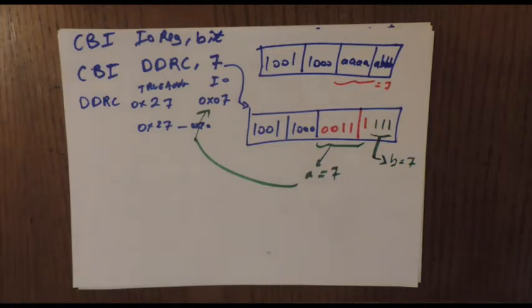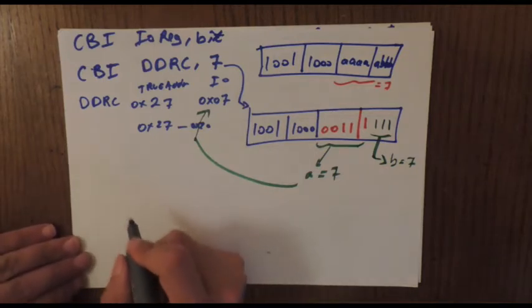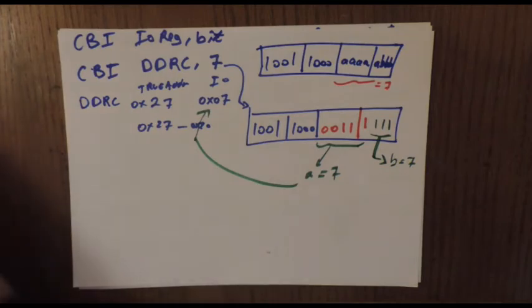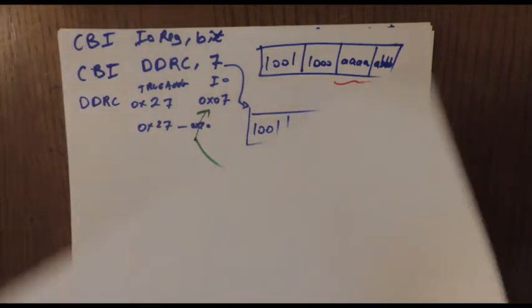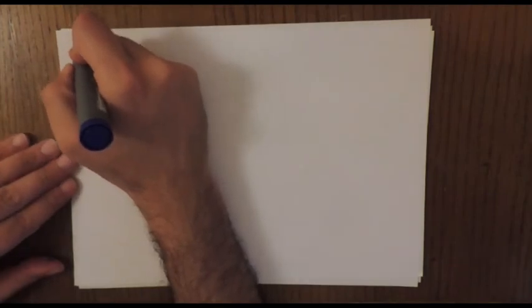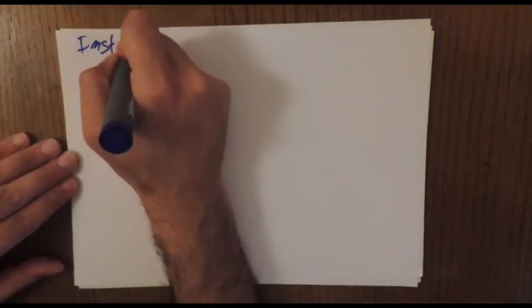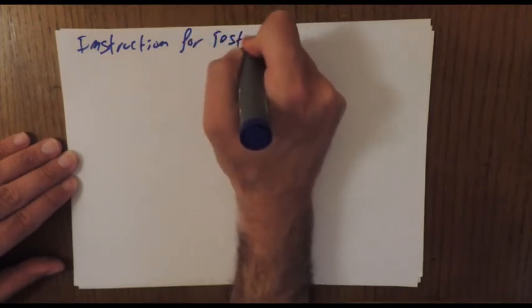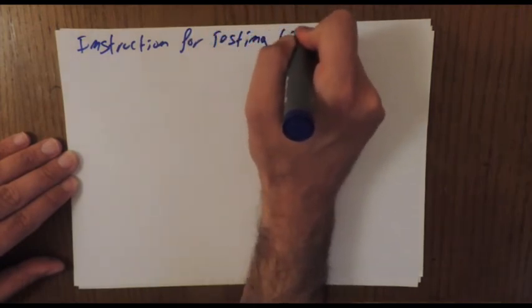Two more useful instructions are for testing. So we're gonna take another two bit-level instructions. So in this case, let me start on a new paper. We have instructions for testing bits.